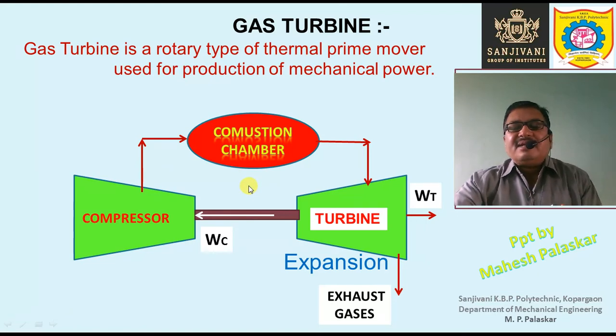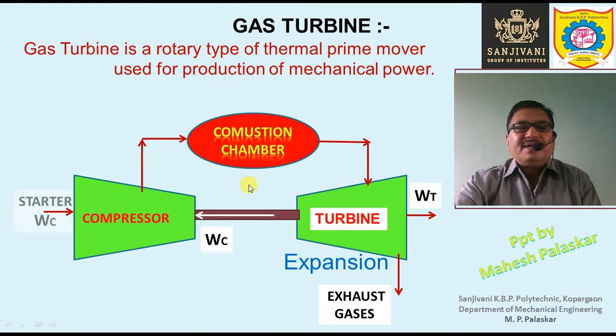But at the beginning the turbine is not running, then how will the compressor work? So for that purpose a starter is provided to the compressor, and at the initial condition before the starting of the turbine the compressor will be operated by the starter motor, and the starter motor will supply the work of compression for some time till the turbine starts producing power sufficient to drive the compressor, and afterwards the starter motor will be stopped and the compressor will be driven by the turbine itself.